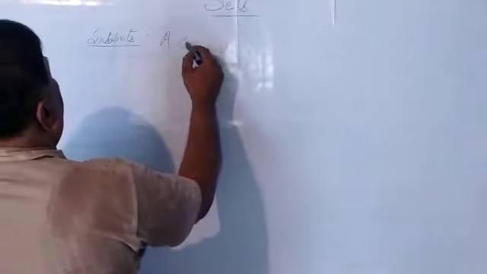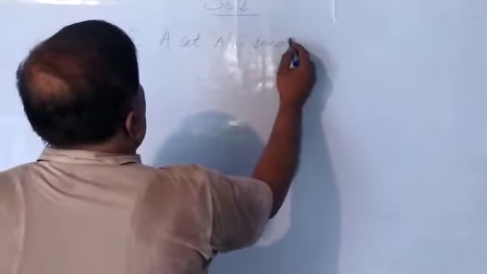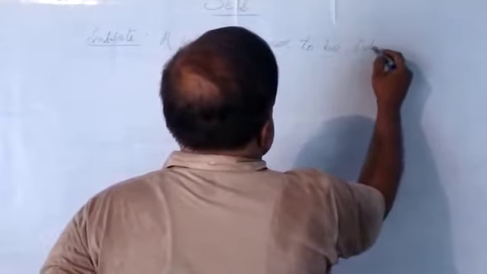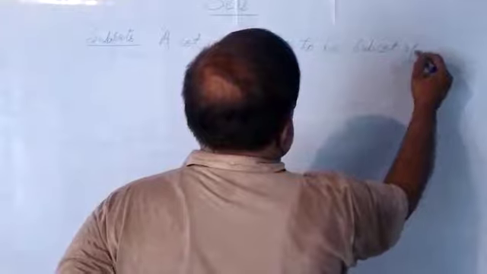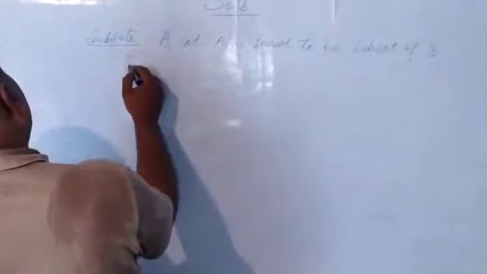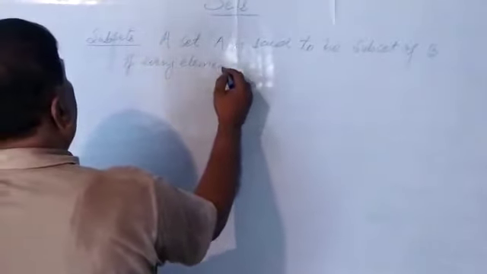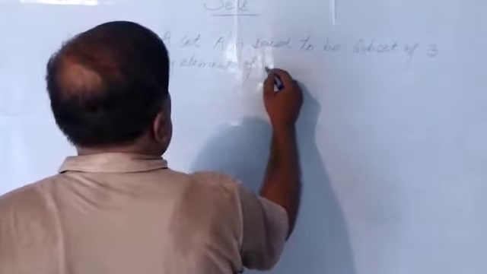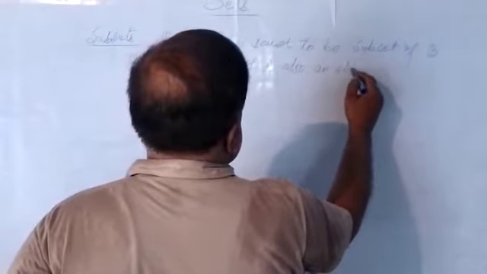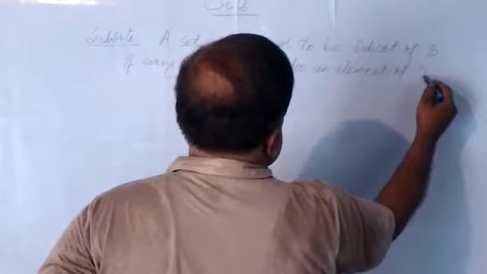A set A is said to be a subset of B, set B, if every element of A is also an element of B, right?